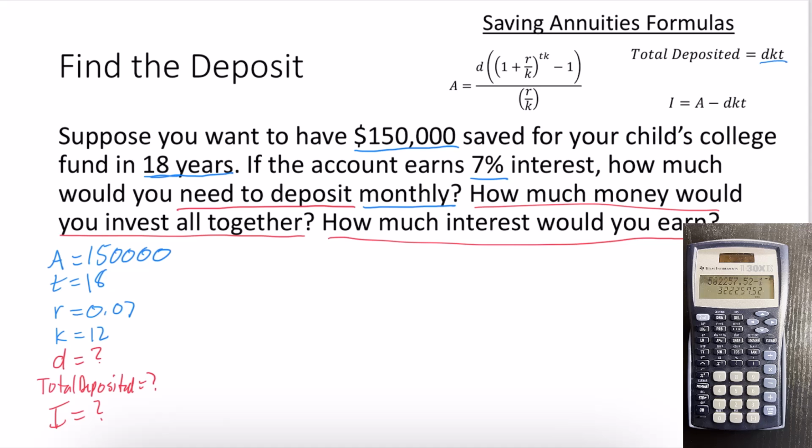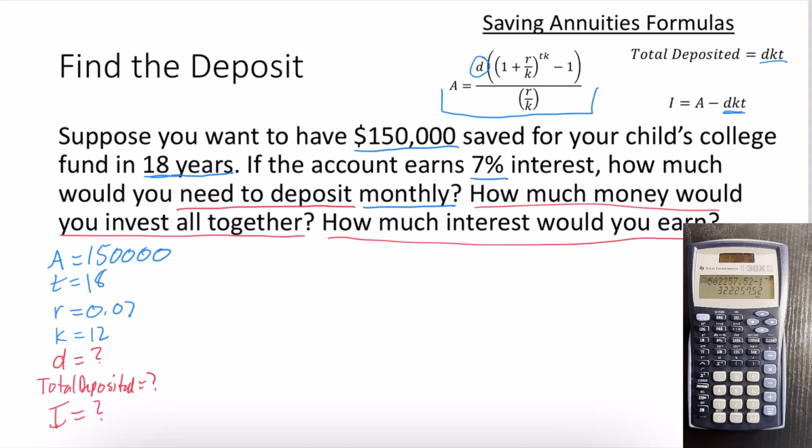So we could do D times K times T. And same thing with the interest formula. That one also requires us to know what that variable is. So we want to use this formula to start with to figure out what D is, and then we can use that answer to figure out the rest of the questions.